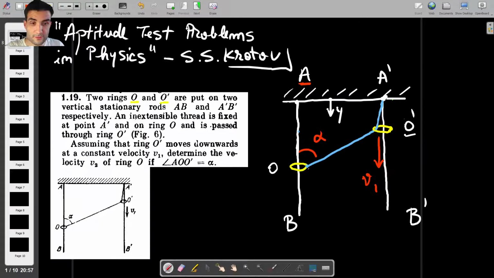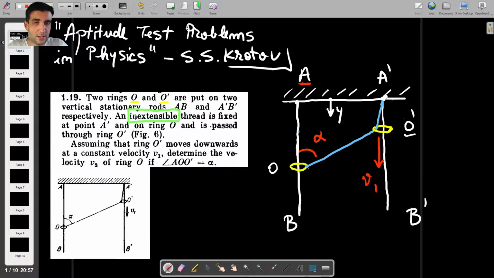And we're asked to find the velocity of ring O, which is called v2 in this case. So this is actually a constrained motion problem. And to do this, we're going to use this word in the question, which is going to be the key to actually cracking this. And we're going to use the length of the thread.